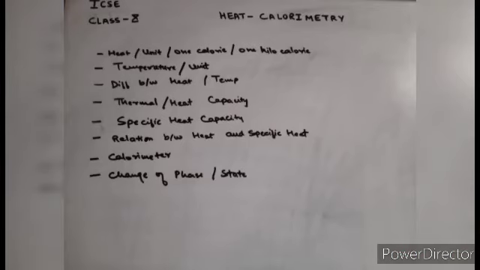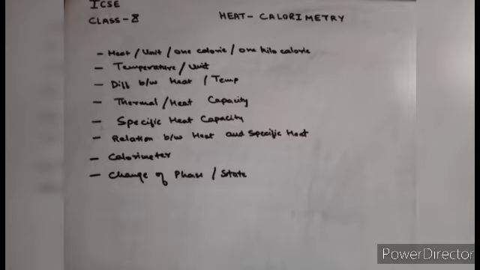Second, increase in temperature of the body. And third is the material or substance of the body. These are the three factors which affect the quantity of heat absorbed when there is an increase in temperature of the body. And there is a formula Q equals m c delta T, and this formula is really important for you for numerical purposes also.